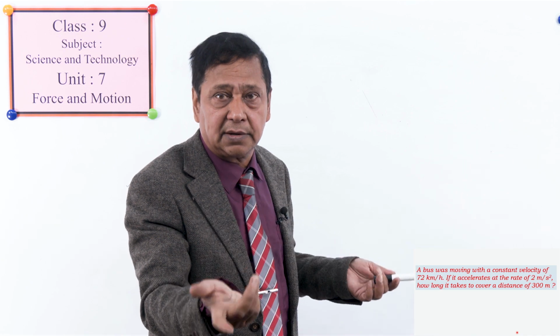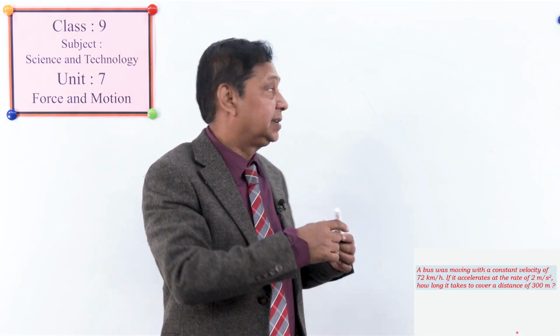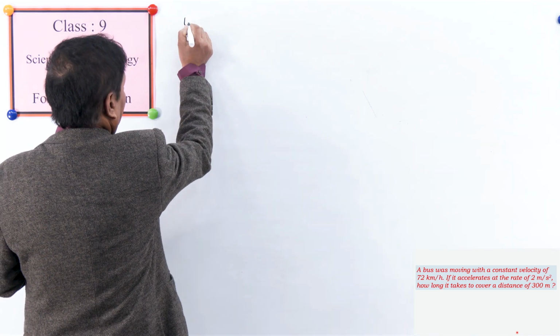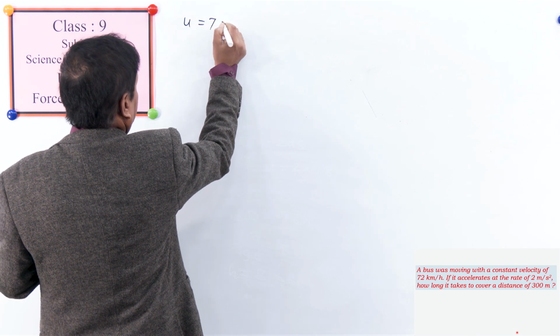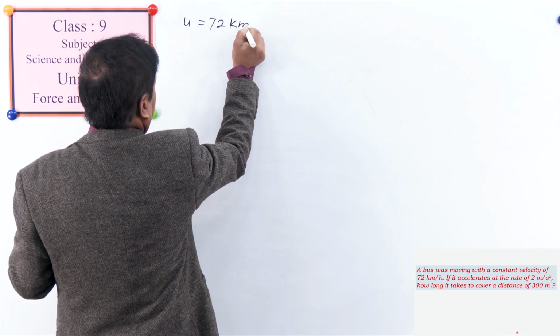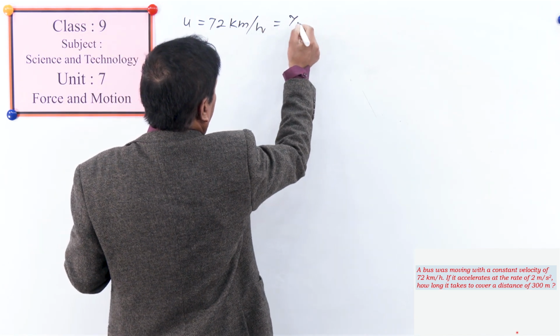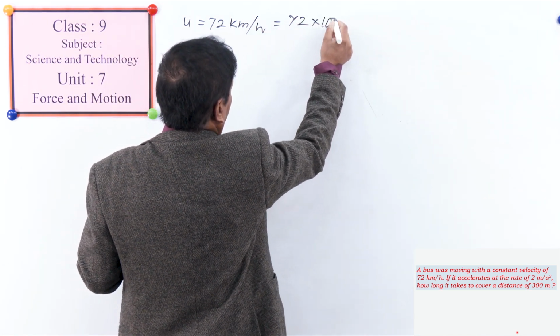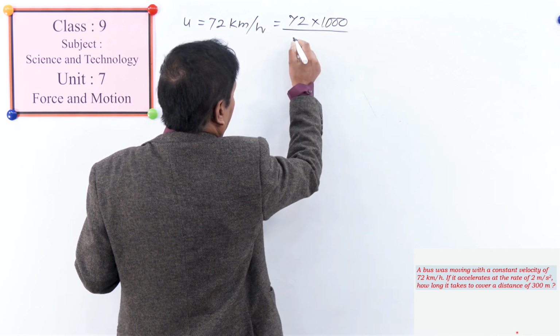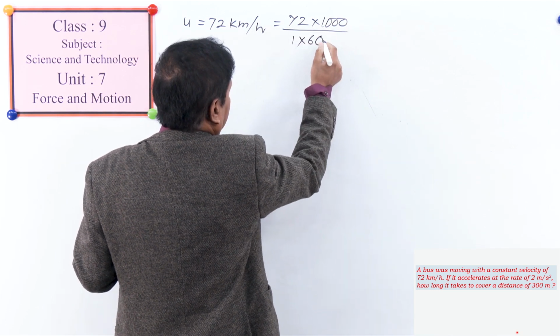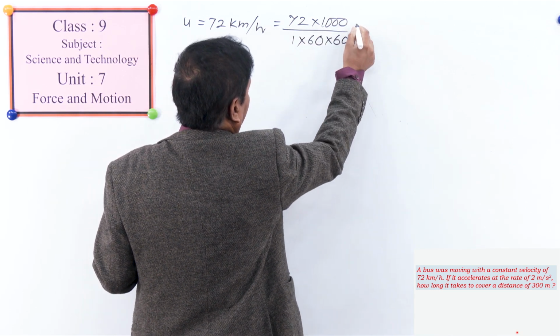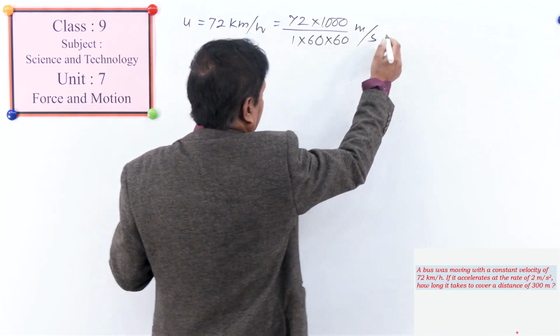Whether it is constant or not, this is initial velocity. That's why I'm writing initial velocity u equal to 72 km per hour, and this is equal to 72 multiplied by 1000 and divided by 60 twice, then we'll get it in meter per second.